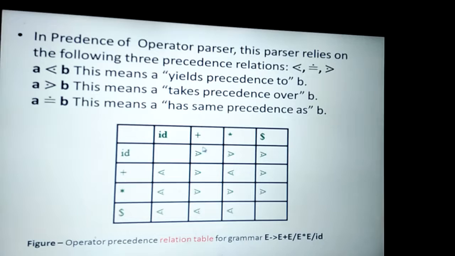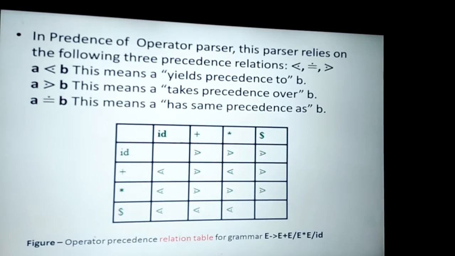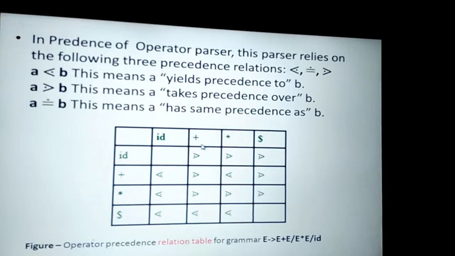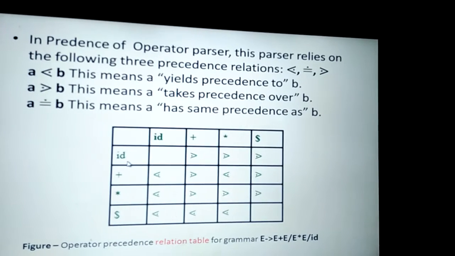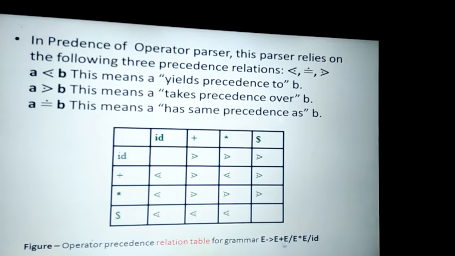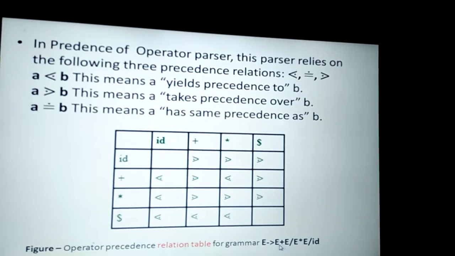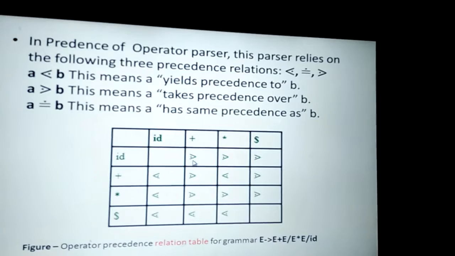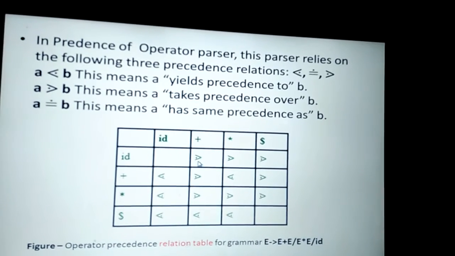So here the identifier is compared with the plus operator. An identifier E naturally gives to E, and E is compared with plus. So what is the precedence among this? The precedence is given to the identifier, so that is greater than.